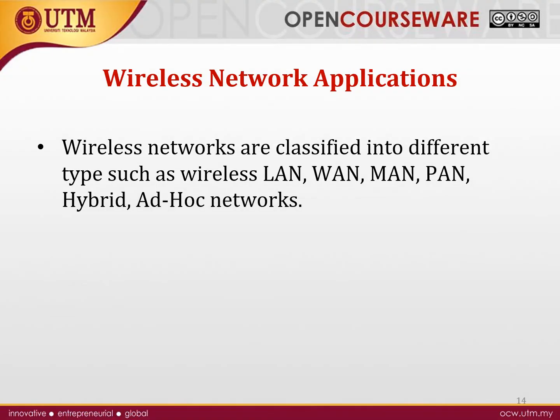Wireless networks have many classifications, classified into different types, such as wireless LAN, WAN, MAN, and PAN. These are shortcuts: LAN refers to local area network, WAN refers to wide area network, MAN refers to metropolitan area network, and finally PAN refers to personal area network.